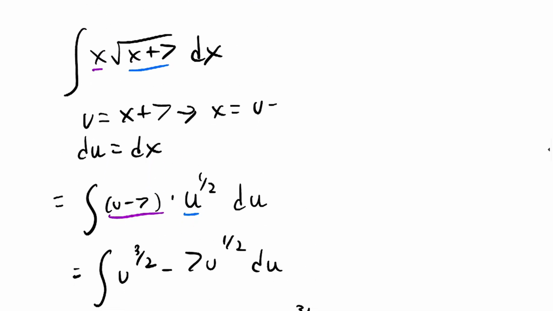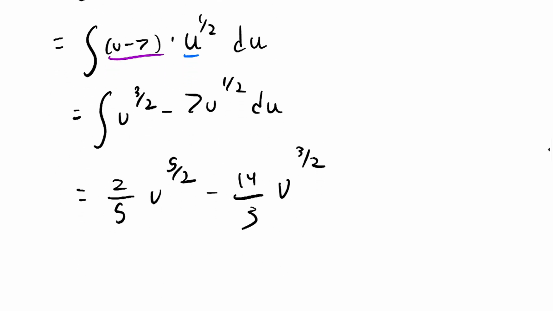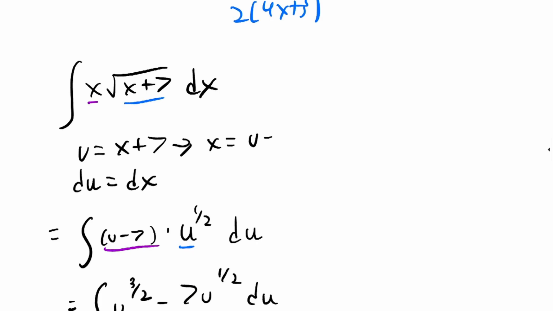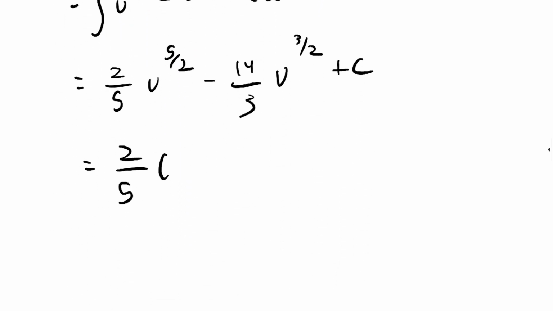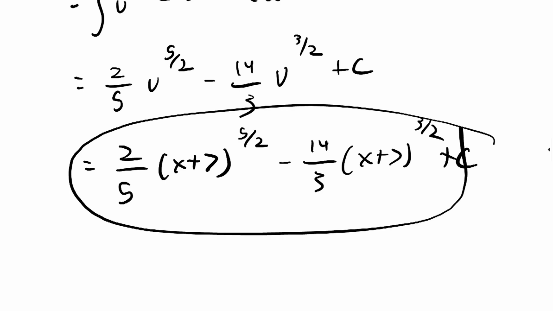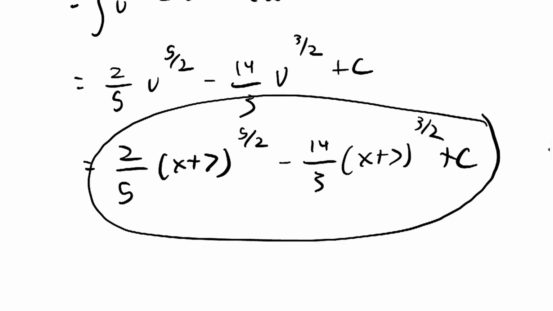And then we're just going to tag on the plus C. Now we're going to plug in our U again, so x plus 7 to the 5 over 2 minus 14 over 3, x plus 7 to the 3 over 2 plus C, and there's our final resulting integral.